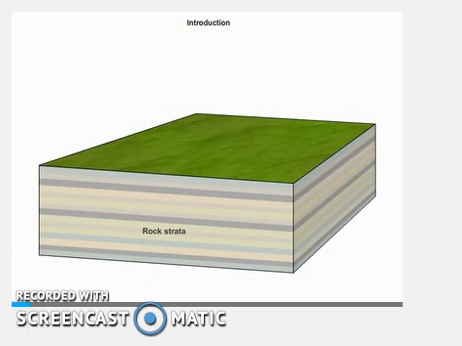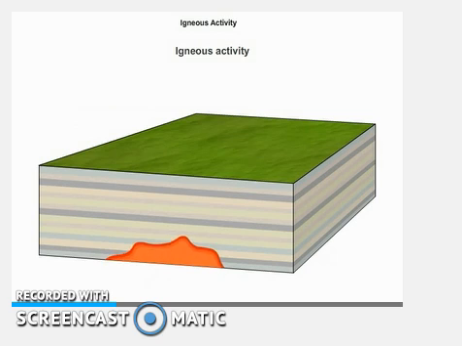Igneous features. When magma cools and solidifies below the surface, it forms plutonic or intrusive igneous rock. When this rock is exposed at the surface, it is called an igneous intrusion. As the animation begins, magma is rising toward the surface.